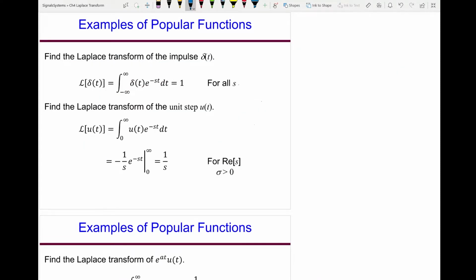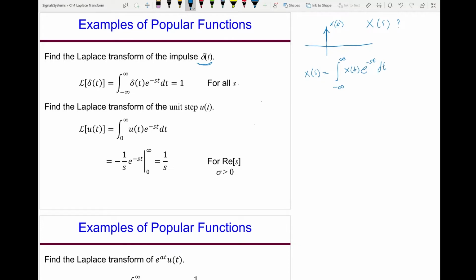Let's take some examples to demonstrate how to find x of s. So find the Laplace transform of this impulse. So we have an impulse here. That's x of t. And we need to find what is x of s. In this case, if I carry out the definition, x of s equals the integral from minus infinity to infinity of x of t e to the minus st dt.